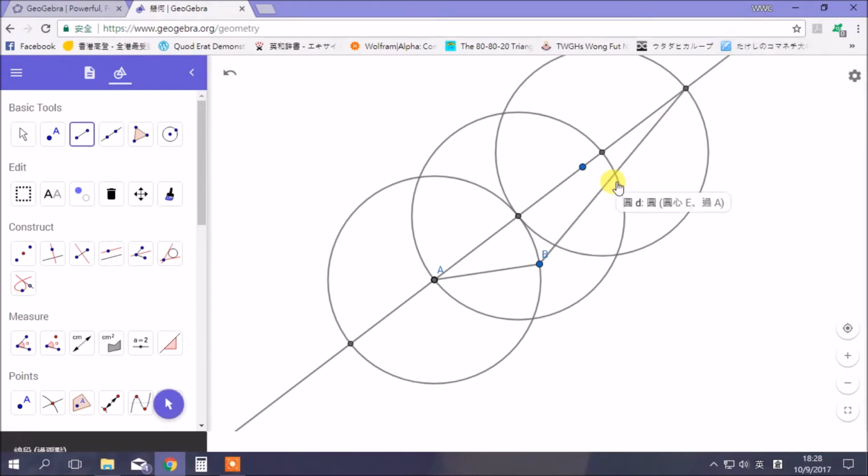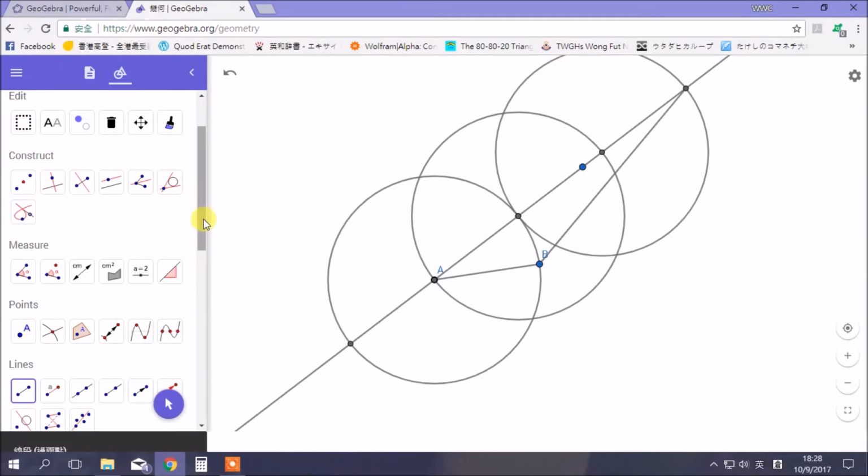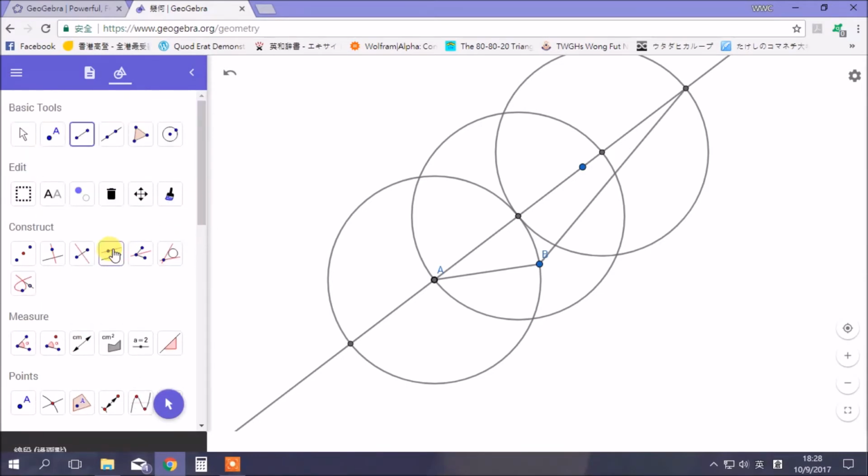Now, I will make a very important construction: we will make a parallel from each of the gray points towards the line AB. How do we do it? We have to use the parallel tool from Geogebra. But you may ask, oh Mr. Wong, can we draw a parallel using only compasses and straightedge? Actually, we can.